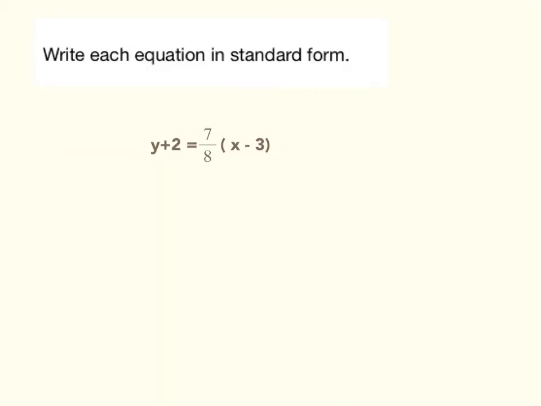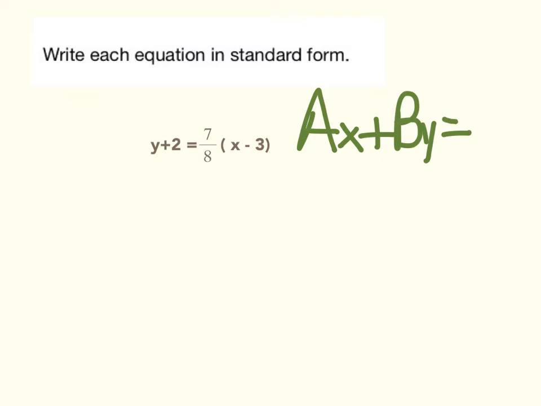All right. For this example, we're given an equation in point-slope form, and we're asked to write it in standard form. Now remember that standard form is ax plus by equals c. So the first thing that we're going to do is we're going to distribute that 7/8 through the parenthesis.